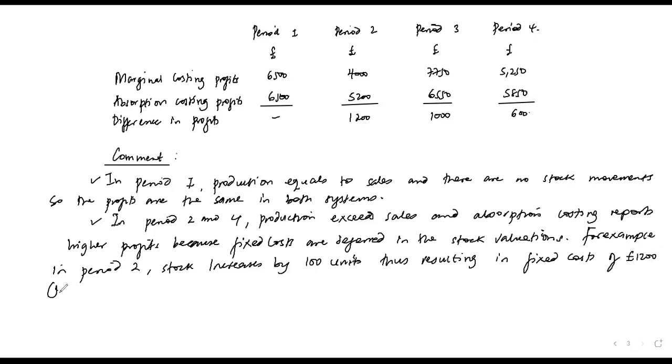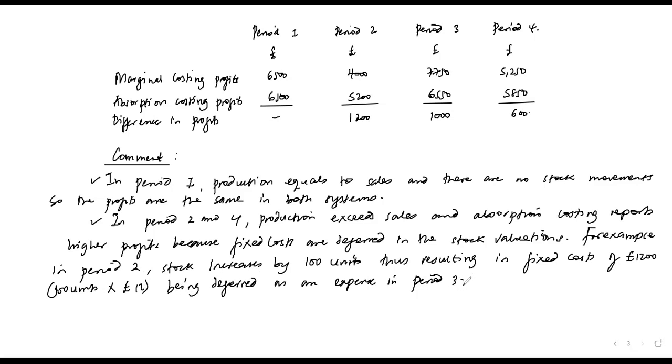That is 100 units times 12 of our fixed cost per unit being deferred as an expense in period 3.